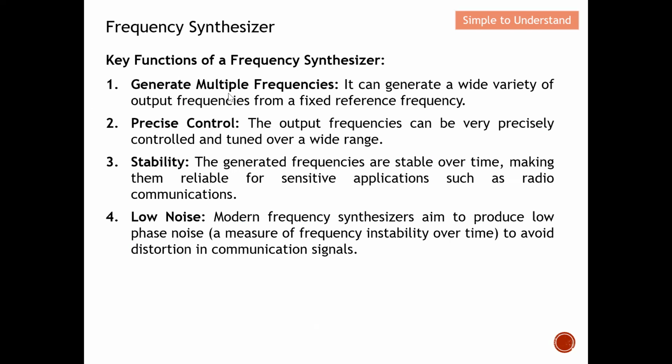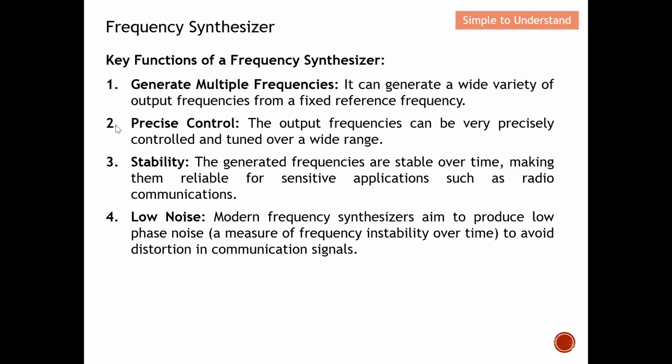So therefore, we need to find a way to generate multiple frequencies from a single reference. So it can generate a wide variety of output frequencies from a fixed reference frequency. The rest of the video, I will discuss this. But over here, you can imagine that with just one reference frequency, we can generate multiple frequencies.